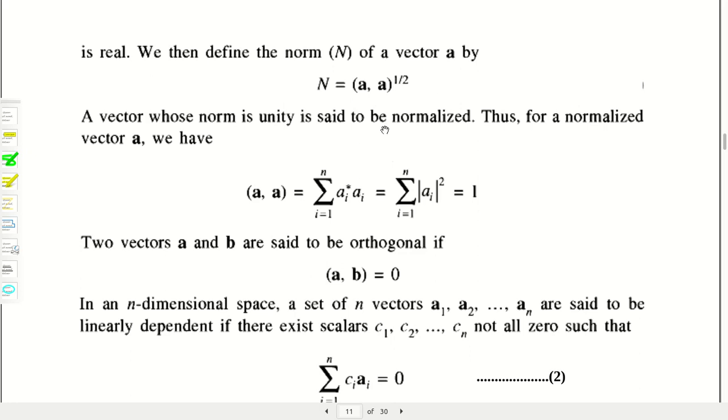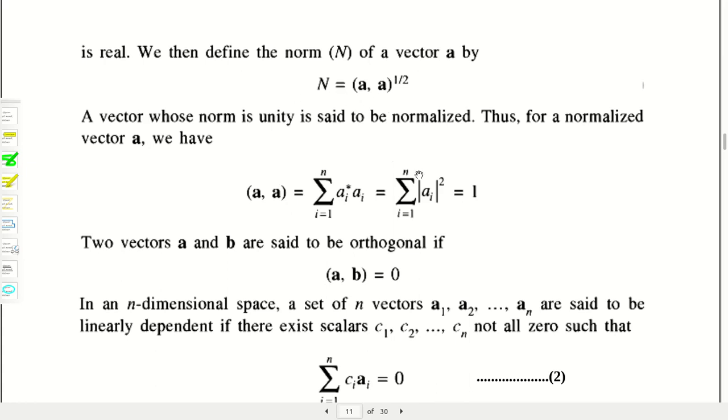So this is also written by comparing with the 3-dimensional result, and this is shown here. If the vector is normalized, that is, it may so happen that in n-dimensional vector space a vector is a unit vector, so its magnitude should come 1.